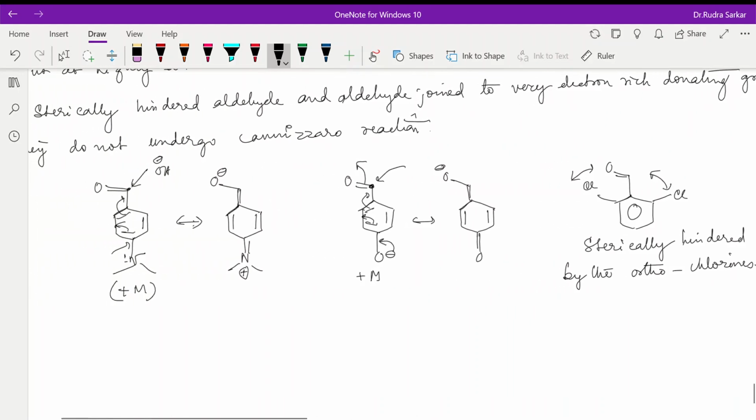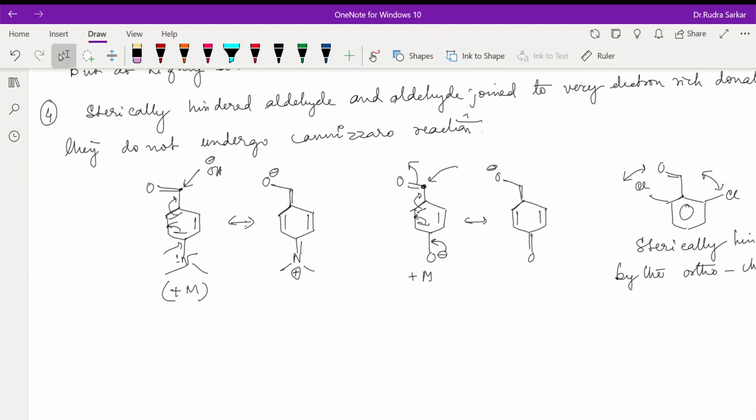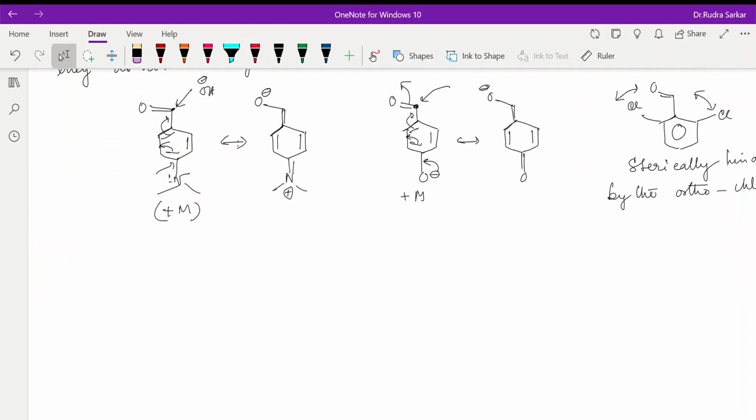Okay. So at the initial point, one may think that such compounds, this and this, will undergo Cannizzaro reaction, but one has to remember, if there is an electron donating group present with these kind of aldehydes, then the electrophilicity of this carbon will be reduced, and so they will not undergo Cannizzaro reaction.